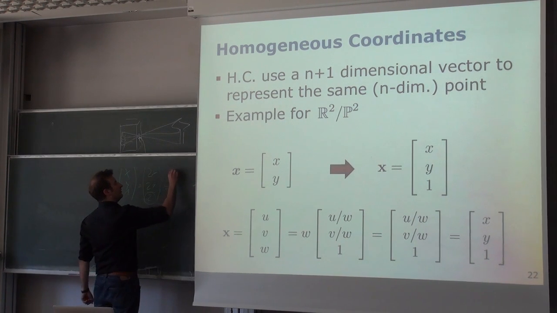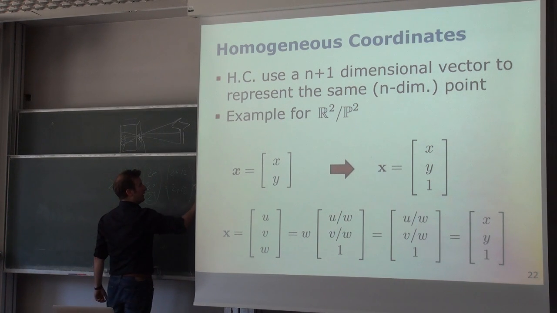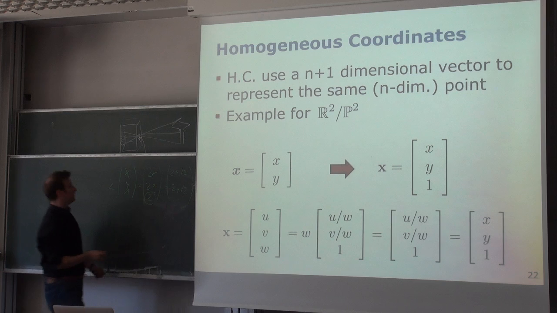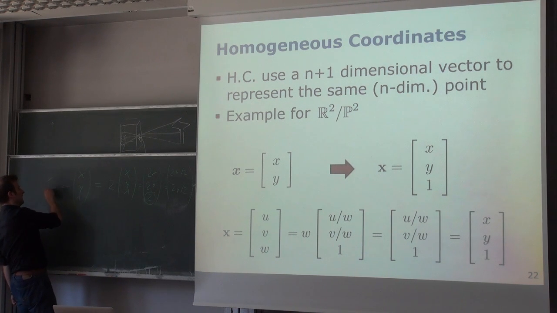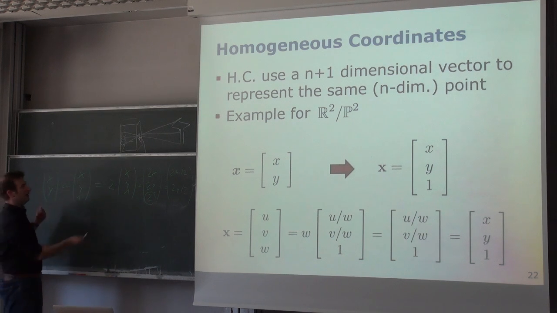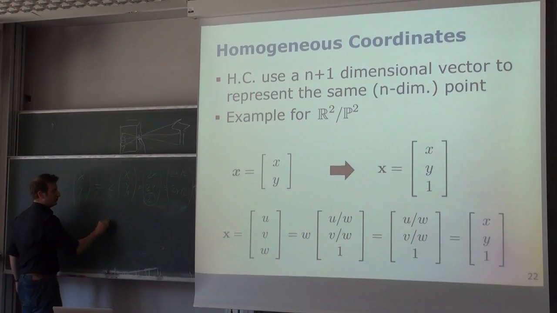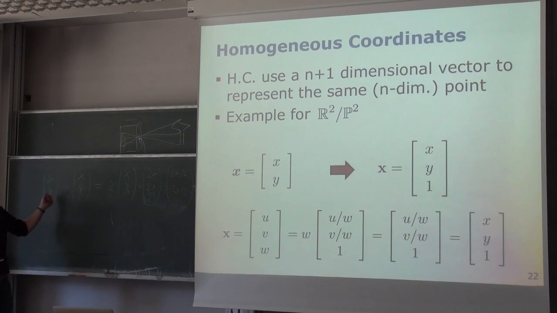So this is 2x divided by 2, 2y divided by 2. And this is xy. So this is the same object as xy1, which would be in the Euclidean world again, xy. Okay, so just adding this multiplication of 2, so this is a scalar factor, doesn't change the object itself.